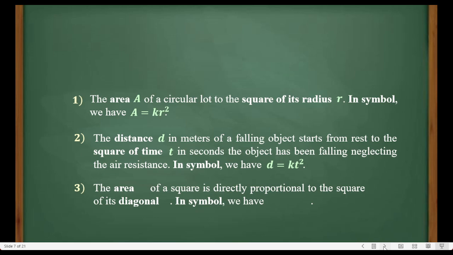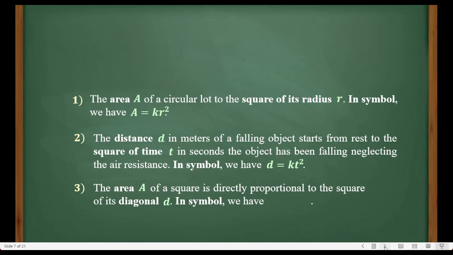Third example, the area of a square is directly proportional to the square of its diagonal. So again, for the area as our first quantity, we can denote that by capital letter A, and for the diagonal of a square, that will be small letter d. So if we read the situation, the area A of a square is directly proportional to the square of its diagonal d.